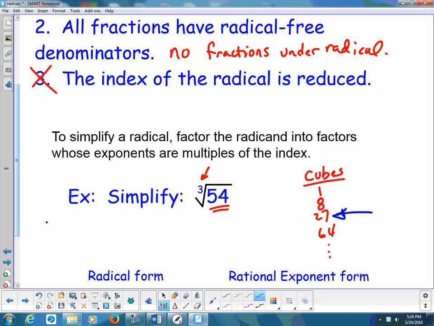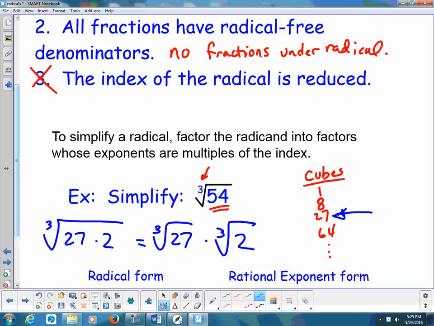So that means I really could write this as cube root of 27 times 2. And using the property of radicals that we just talked about, I can write this as cube root of 27 times cube root of 2. And what is the cube root of 27? Well, this is just equal to 3, because it's the third number down on the list. 1, 2, 3. It's the third one down. So cube root of 54 is 3 times the cube root of 2.